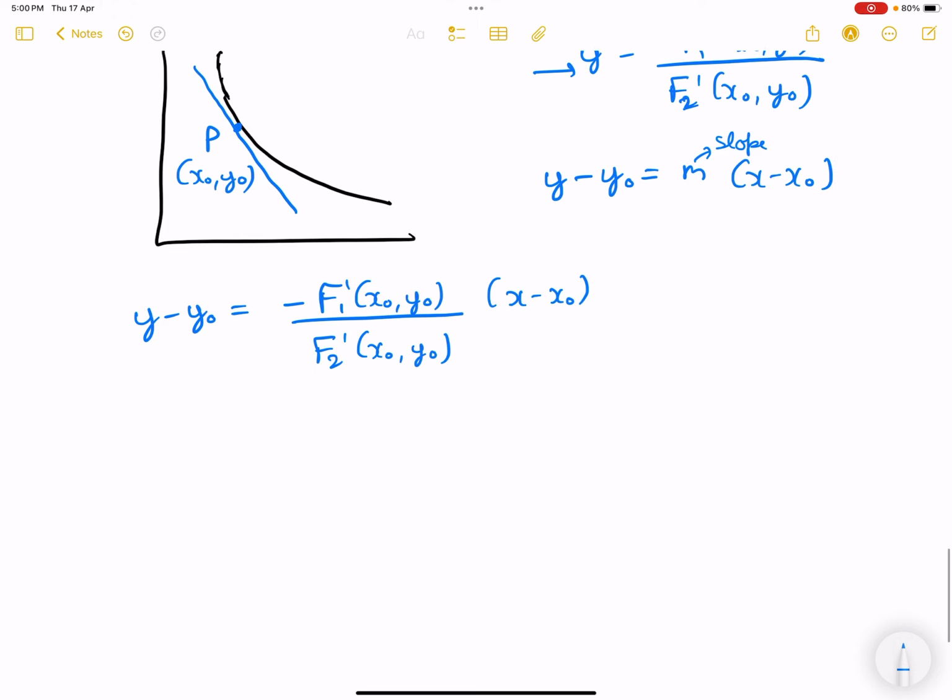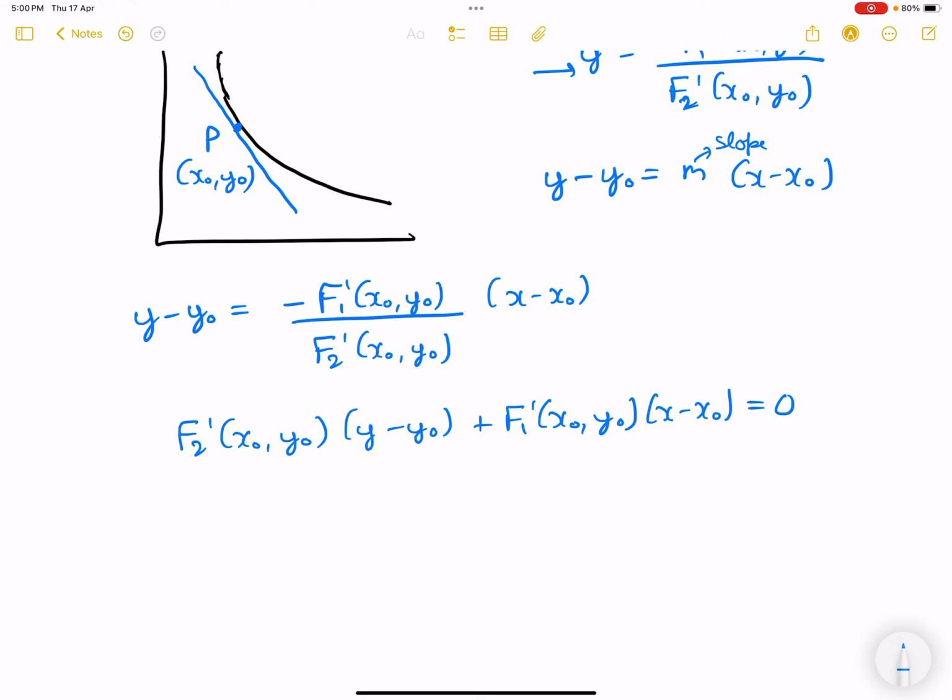Further simplifying, this would be f2 dash (x naught, y naught) into y minus y naught plus f1 dash (x naught, y naught) times x minus x naught equals 0.